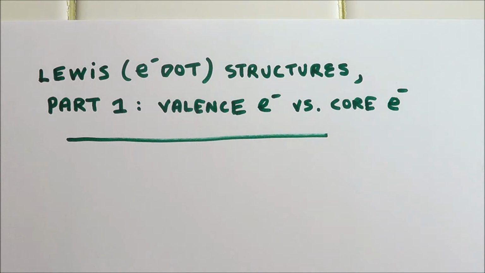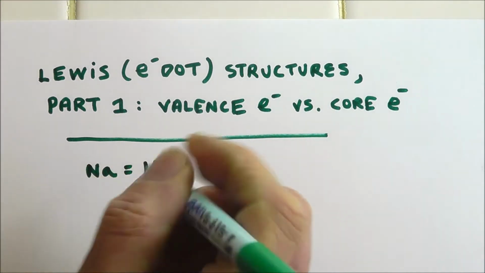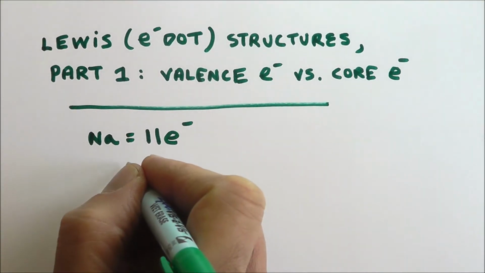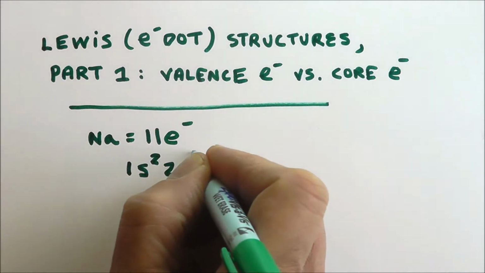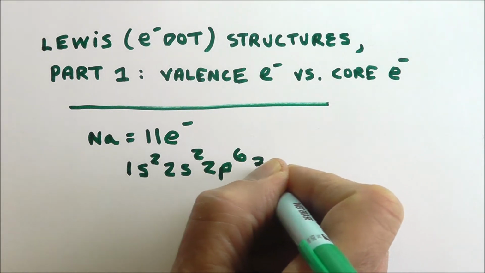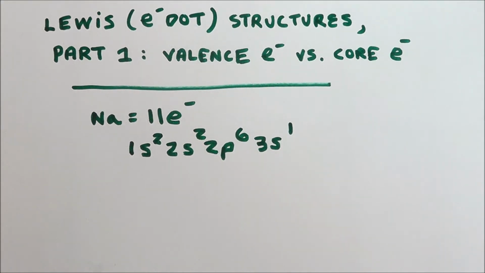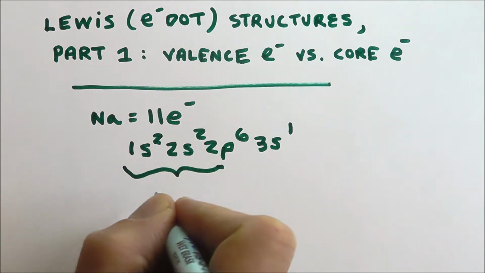So I'm going to take the electron configuration of sodium, 11 electrons. As you folks know, 1s2, 2s2, 2p6, 3s1. Now, you will notice that in a filled shell, which is what's important because of the Octet Rule, those are called core electrons.